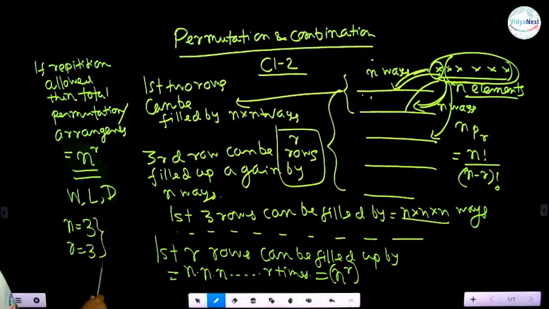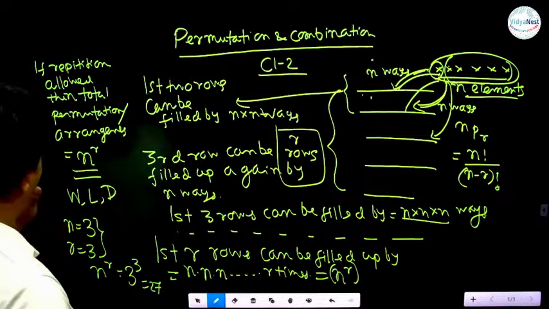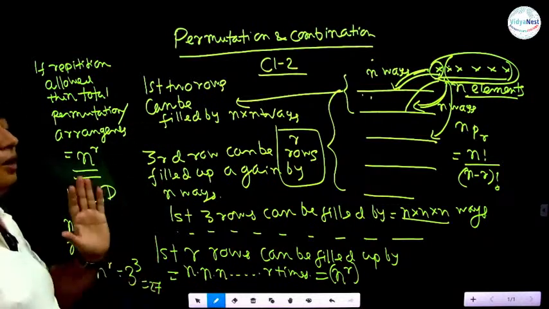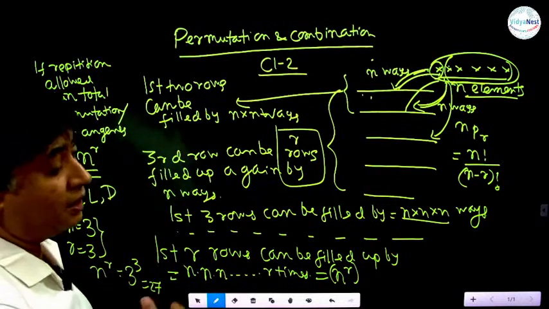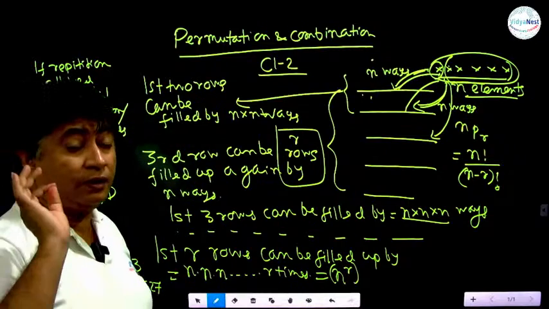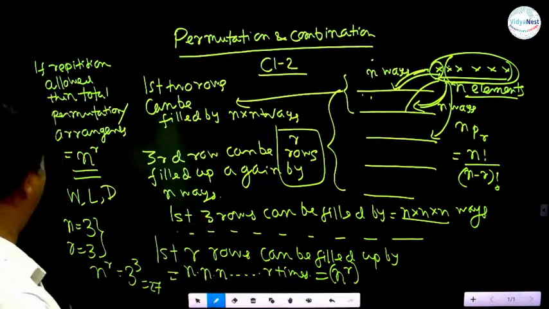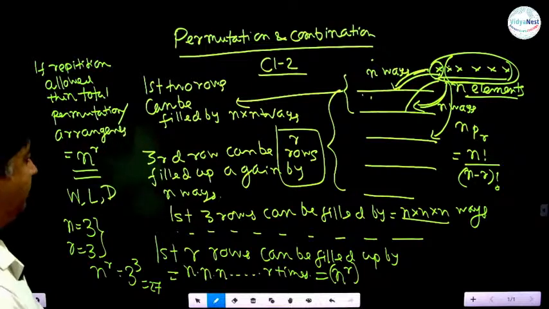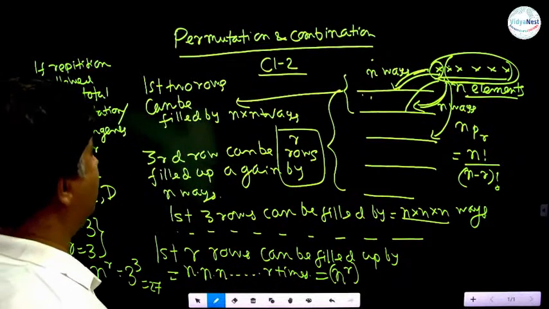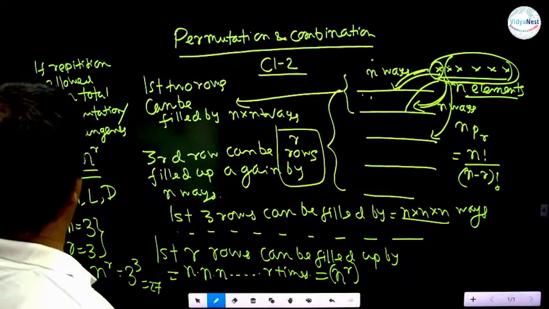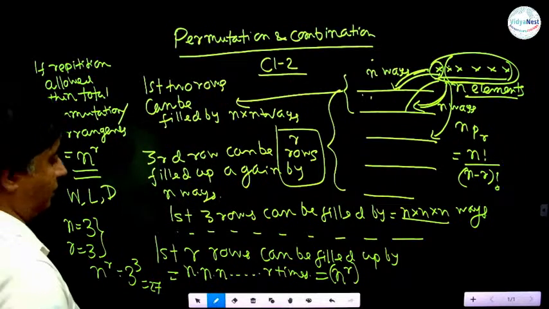In that case, n to the power r is 3 cube, which is 27 ways. So if 3 football matches are on, how many results can I expect? 27 results. Okay, using this concept, this is the arrangement or permutation in case of repetition allowed.